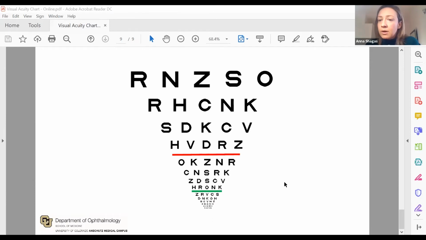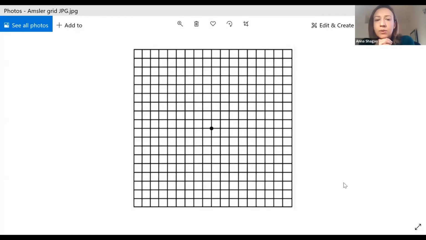Once this part of the visit is complete, we also go through and look at a chart called the Amsler Grid. Slide. An Amsler Grid. A square grid with a black dot in the middle. This gives me information about what the patient is seeing and where in the macula their vision has been affected by macular degeneration, for instance.